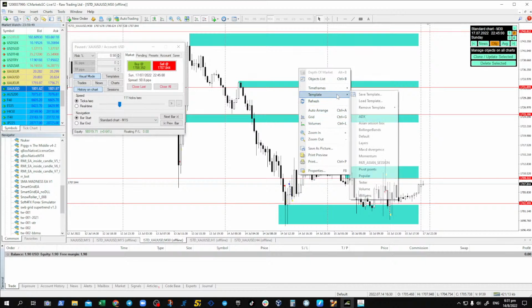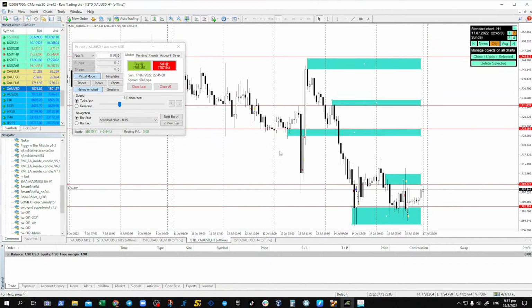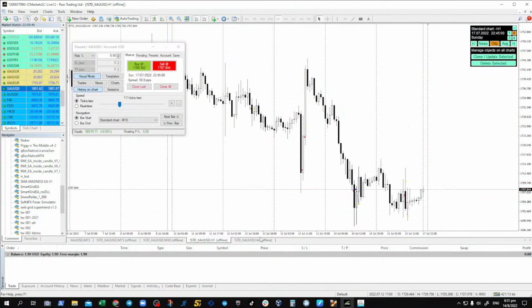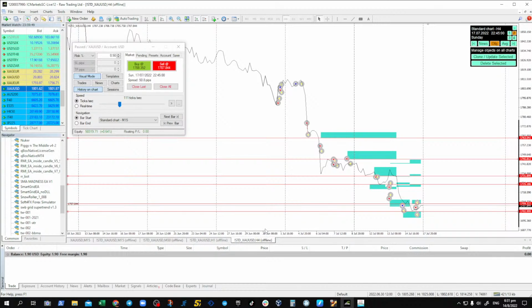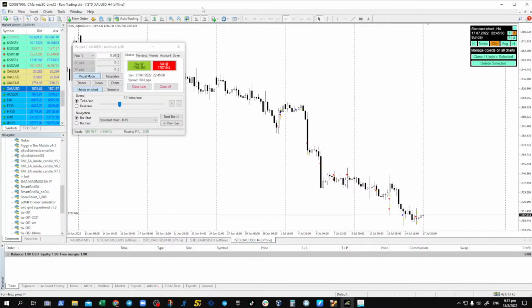As usual, we will clear the markup from the previous session, clear all this markup from M15 all the way to H4 because that's our time frame. This is really messy, as you can see.